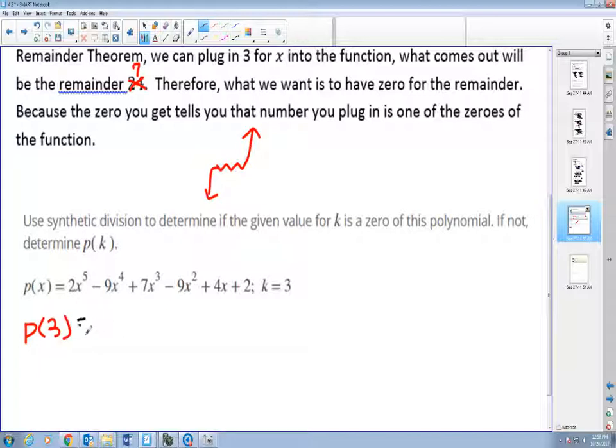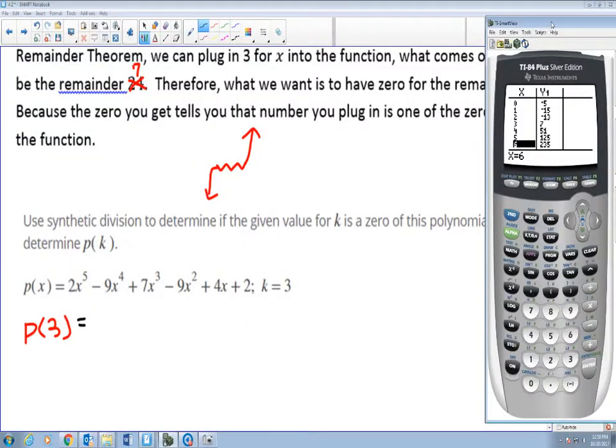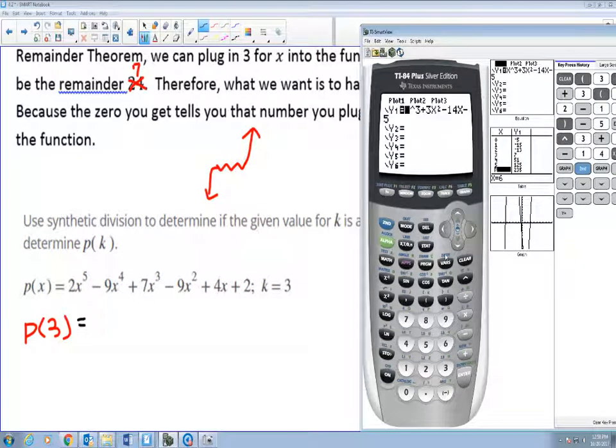Alright, I can actually write this whole thing out and put it in the calculator, or I can actually graph it. So I'm gonna graph it for this one.